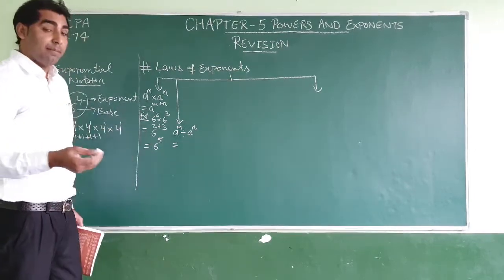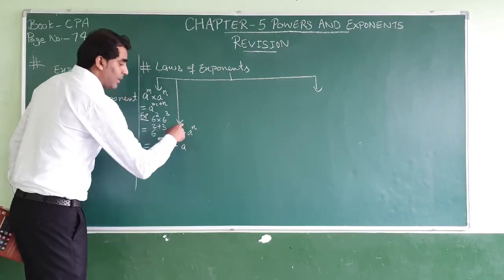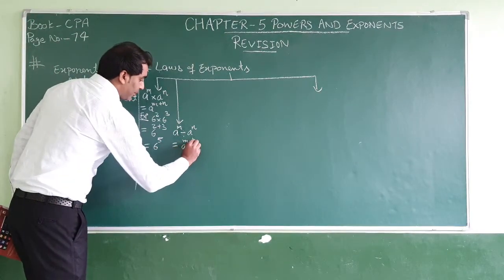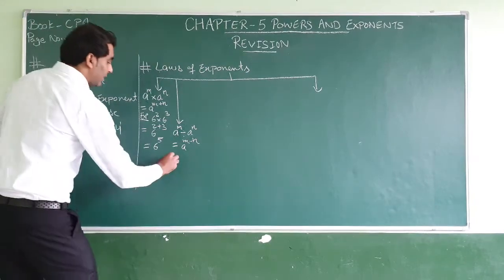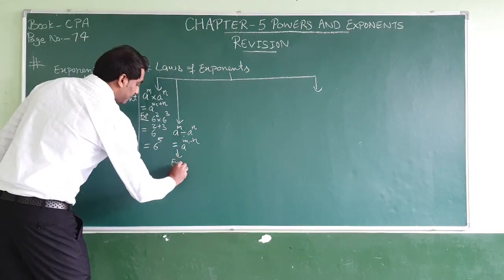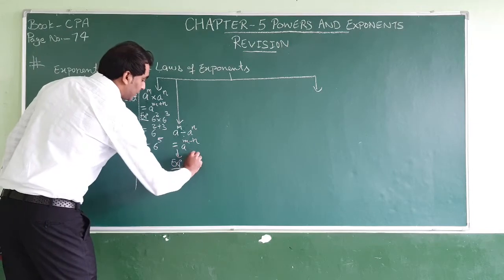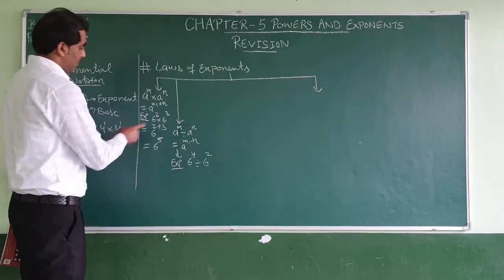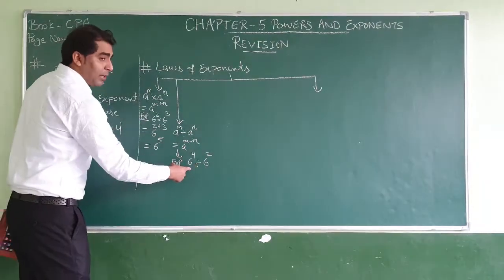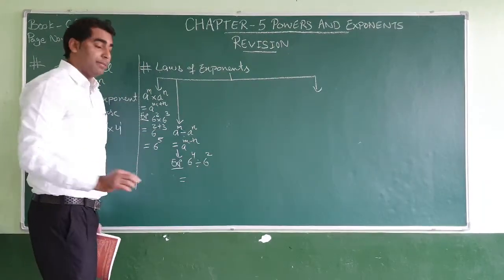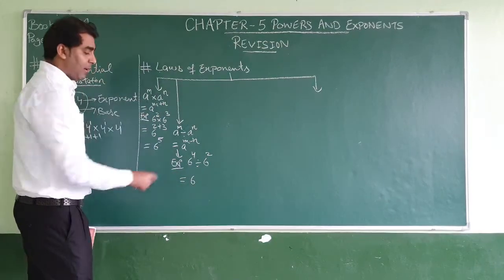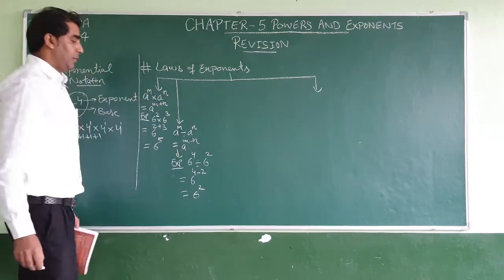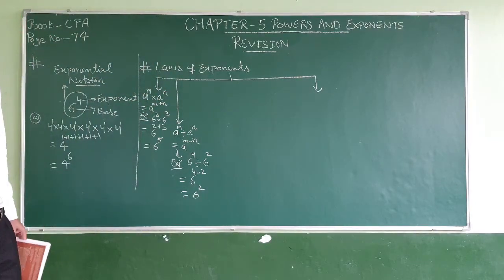Dividing numbers with the same base means the base will be written one time, and the exponents will be subtracted. For example, 6 power 4 divide 6 power 2. The bases are the same in the division, so the base is written one time and the exponents are subtracted. The answer is 6 power 2. This is the second law.